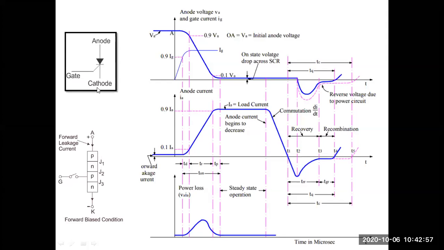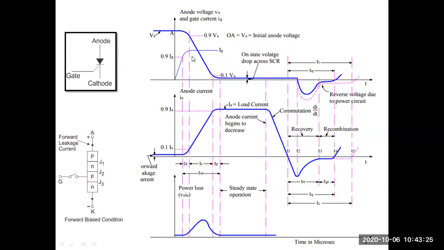We have seen the circuit configuration: through another source we are allowing the gate current, which is injected into a P layer, where junction J2 is reverse biased.